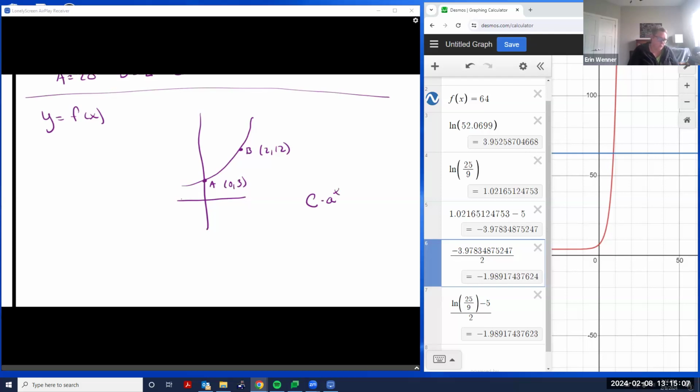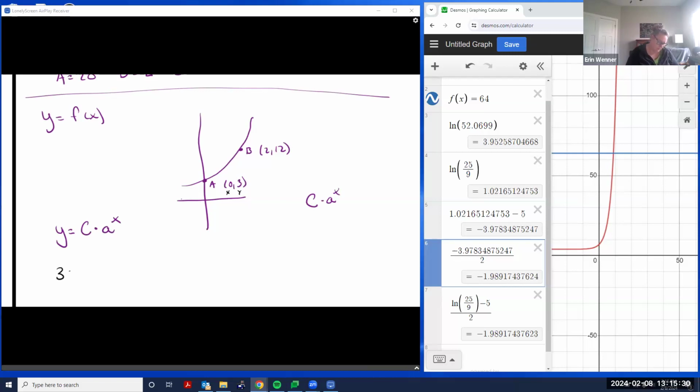Okay. So what do we know, right? So we're writing y equals C times A to the X, right? So first of all, this is an X, that's a Y, right? So let's plug those in.